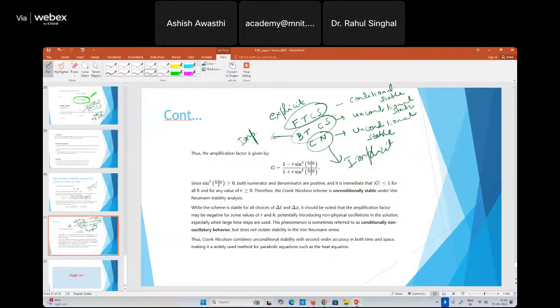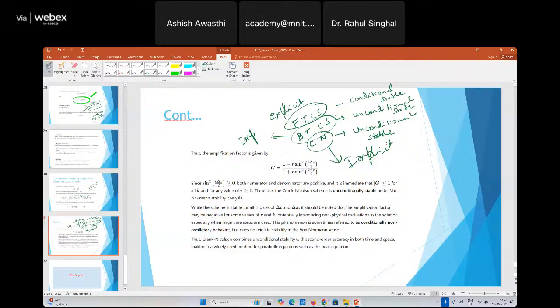Practically, you may feel that BTCS may give better results compared to Crank-Nicolson, because again, that order is something like delta x square plus delta t square. So if your delta x and delta t are small, then only it will make sense.